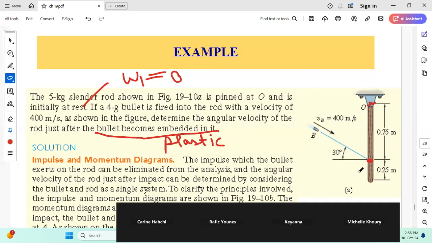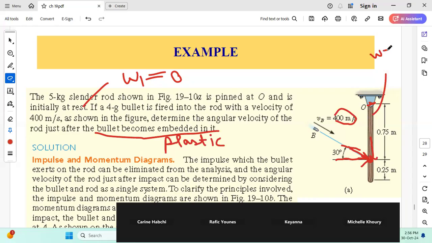In this problem, if we want to do the analysis, what do we have? First, the bullet will reach the initial state. The bullet is in translation, and it will reach this point with a velocity of 400 meters per second. So the velocity can be decomposed into two components, one in x, one in y. And the rod has initially omega equal to 0.